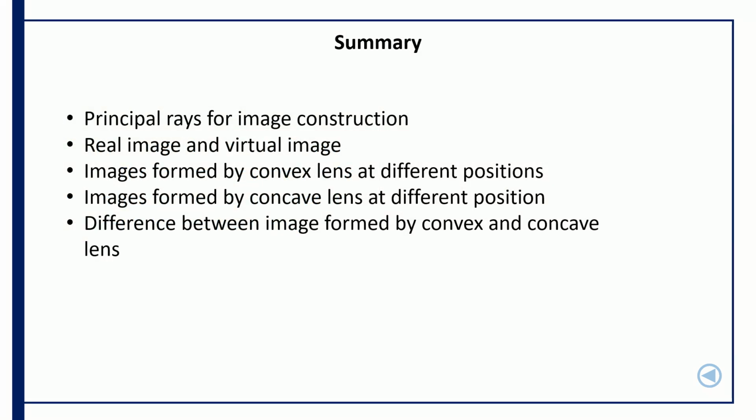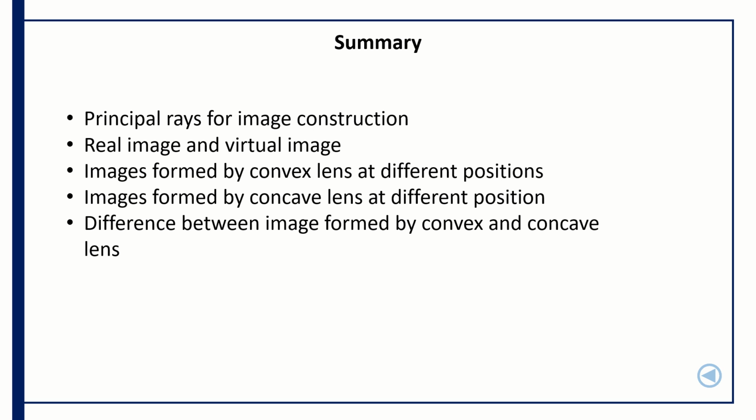Now, what all did we learn in today's session? We learned about principal rays for image construction. We took three rays. The first ray comes parallel to the lens, so it passes through the focal point on the other side of the lens.